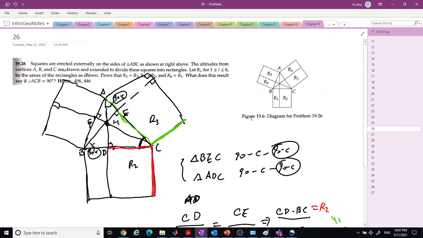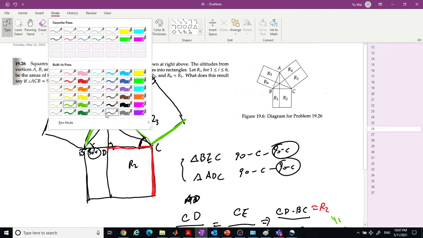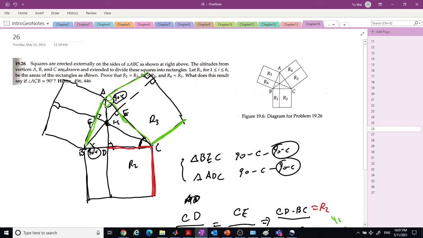Now, if it is 90 degrees, think about it: we have 90 here and 90 here, right? So this line and this line will be collinear, and also this line and this line will be collinear. So now you don't have this area, you don't have this area.